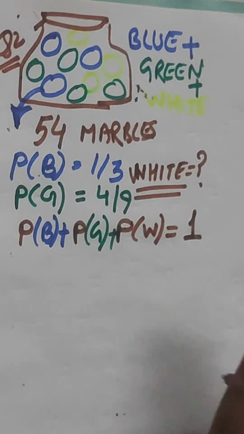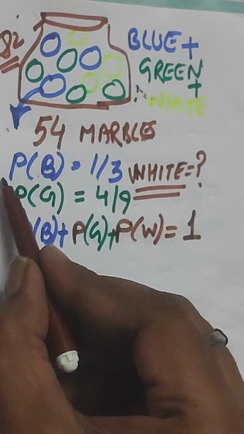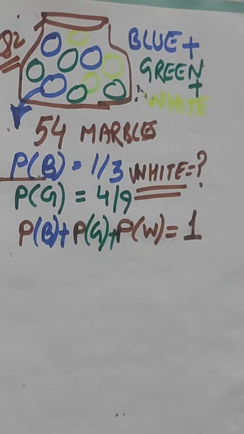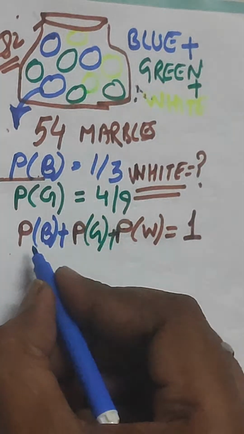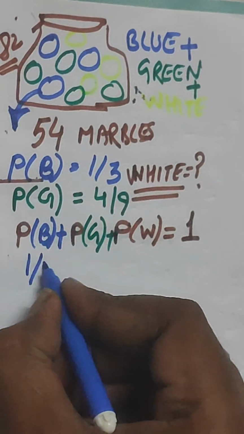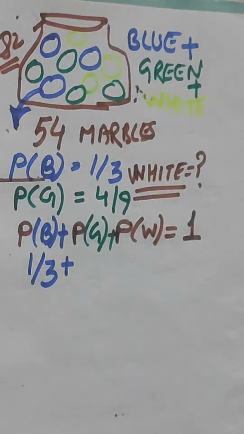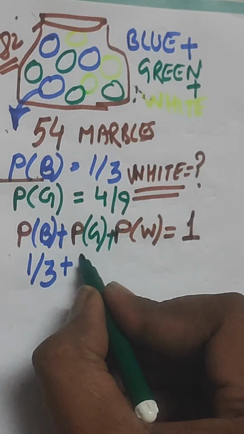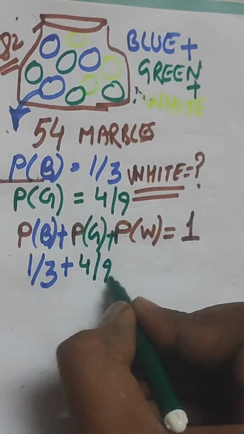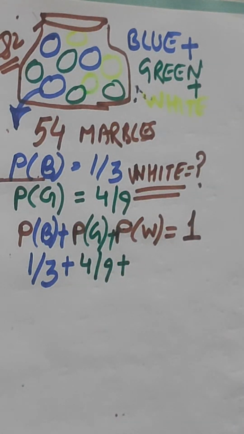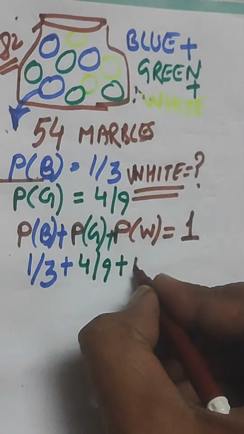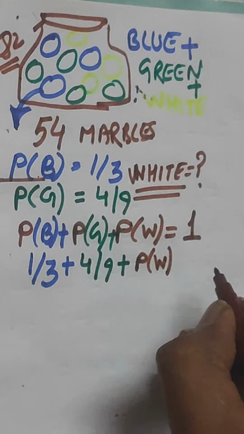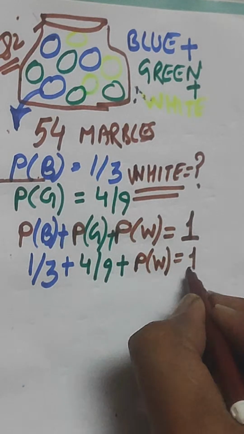Here in this question it's given that the probability of blue is 1 by 3. So just put in these values. In place of blue write 1 by 3, plus the probability of green, which is 4 by 9, plus the probability of white, which is not known to us, so write it as P of W, and that is equal to 1.